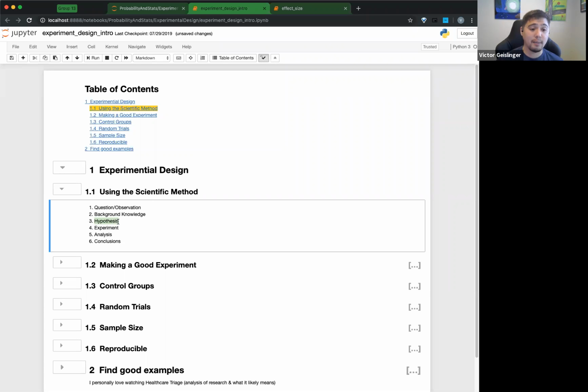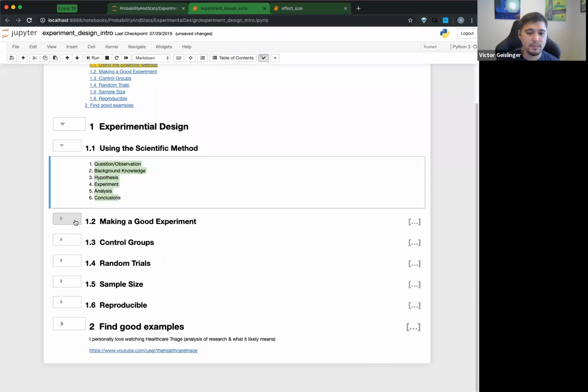One danger is that people start looking at the data and go, oh wait, what's my hypothesis? They forget what their clear hypothesis was. You want to make that as clear as possible. Then you can perform your experiment, your analysis, and your conclusion. So this is the scientific method, and that's what we're basing this around.